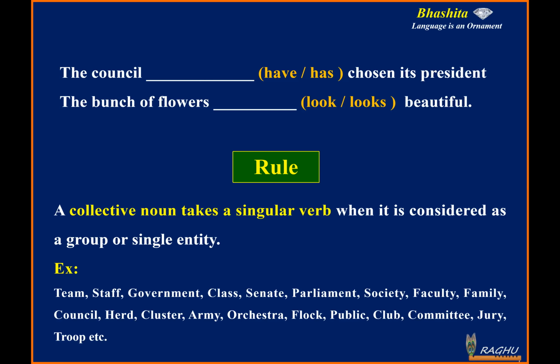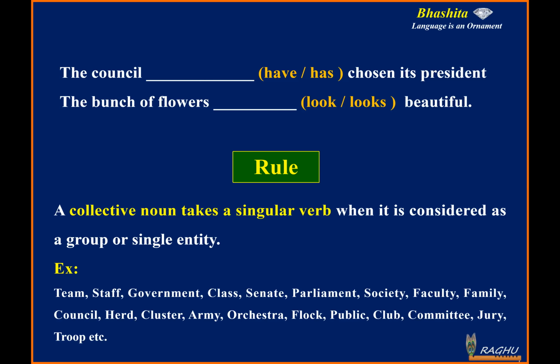In the given two sentences, what are the collective nouns in the subject place? In the first sentence, we have the council. In the second sentence, we have the bunch of flowers. Both are collective nouns, both are treated as a single group. That is the reason we consider them singular, and they always take a singular verb rather than a plural verb. So according to this rule, what is the right answer here?